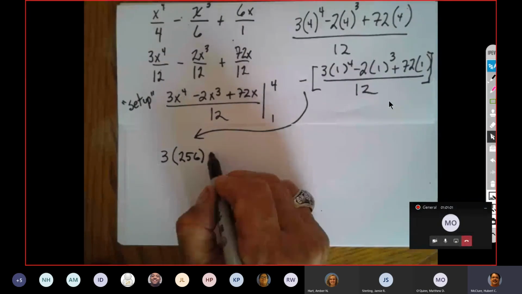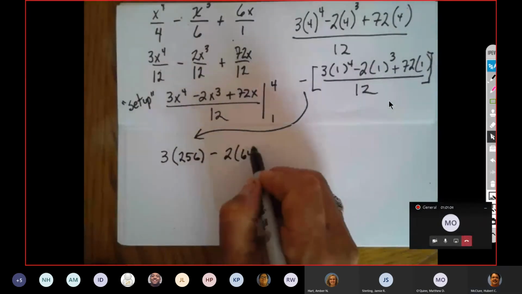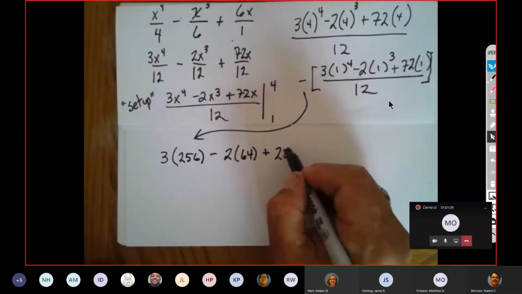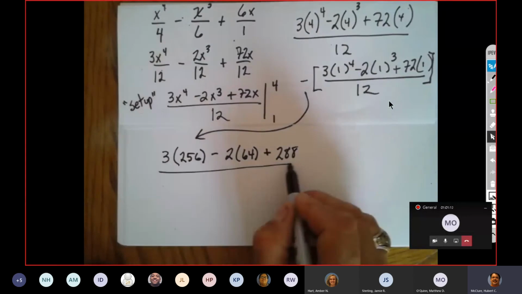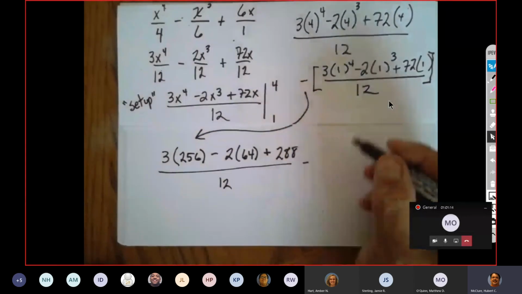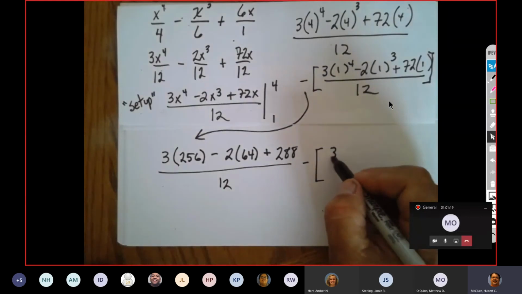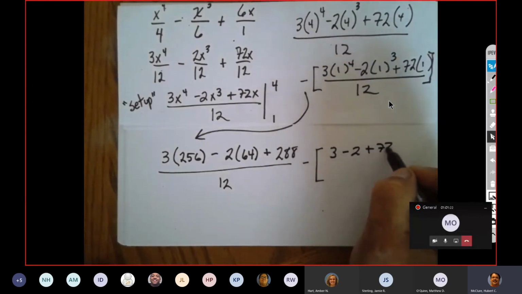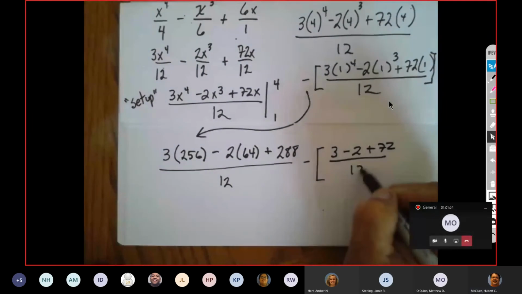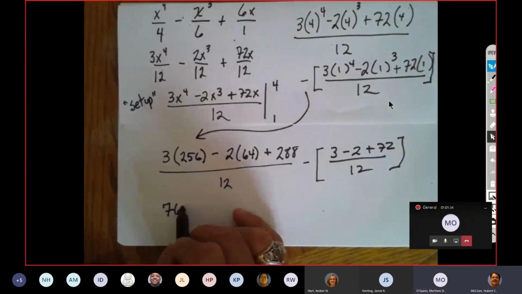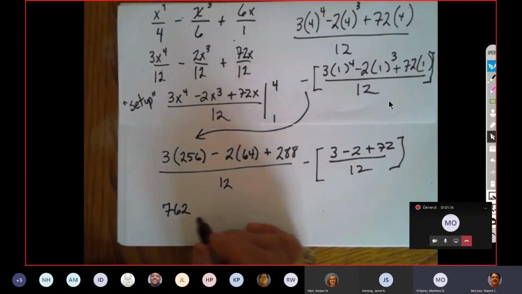Minus 2 times 64 plus, that's going to be 288. Somebody check me. Over 12 minus brackets 3 times, well, that's going to be 3 minus 2 plus 72 over 12. 768.